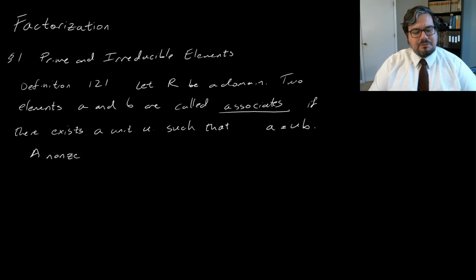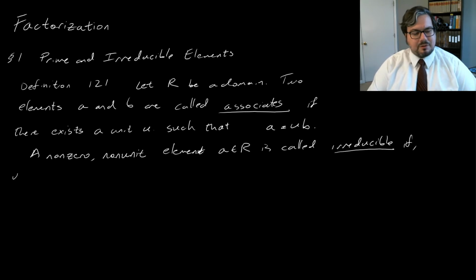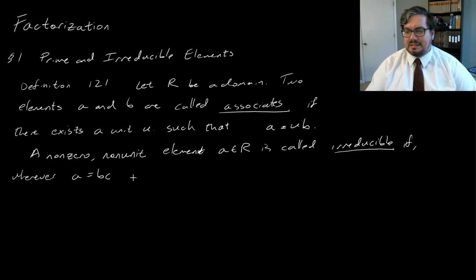A non-zero, non-unit element A in the ring R is called irreducible if whenever A equals B times C for some elements B and C in R, one of B or C is a unit.